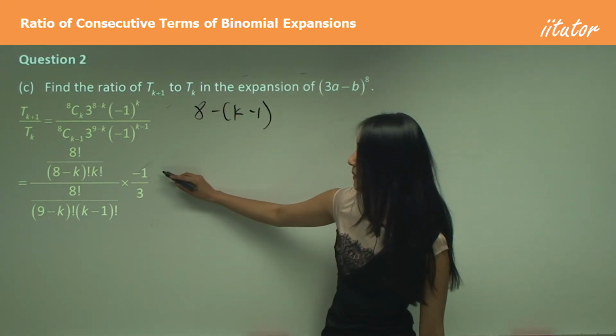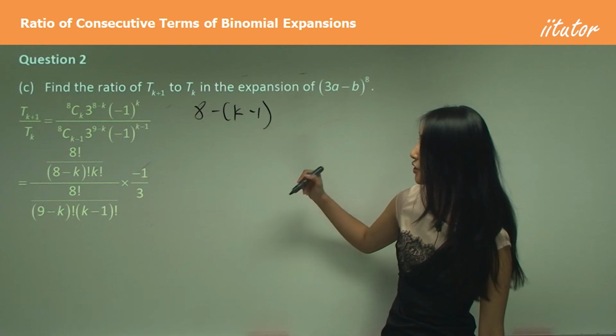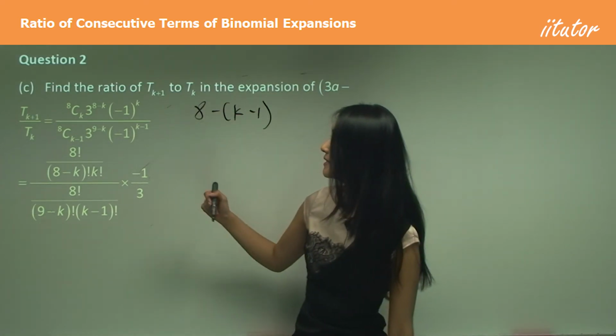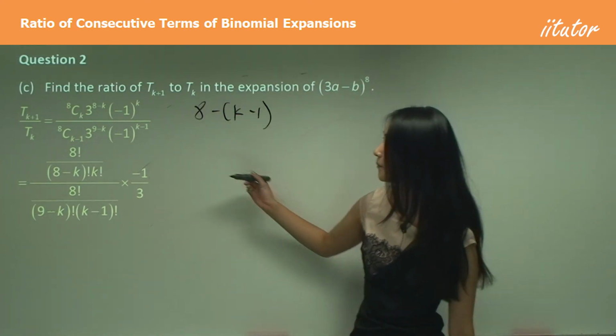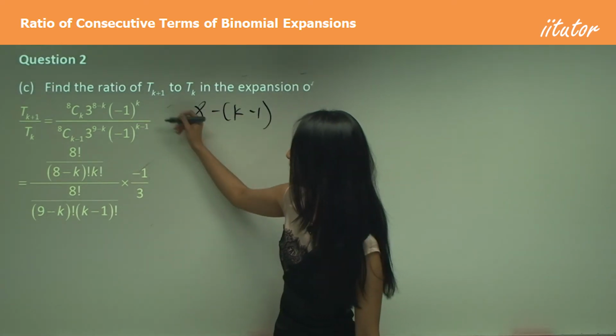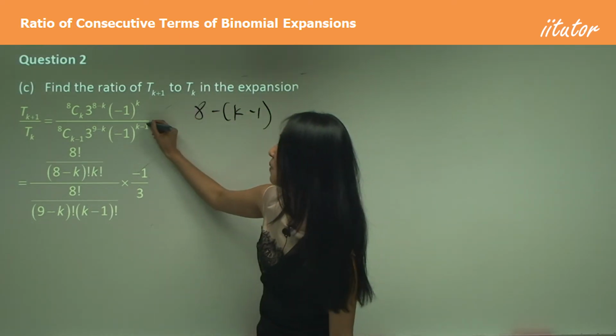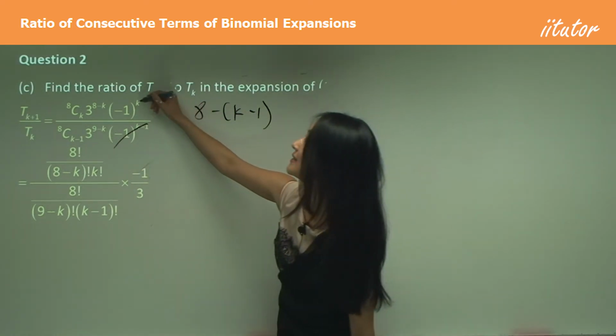Times, that will be minus 1 on 3, and in this case, you see that you just have minus 1 there. Here, what we do is you simplify exactly like we did before, which is that is 1 less than that, so that stays.